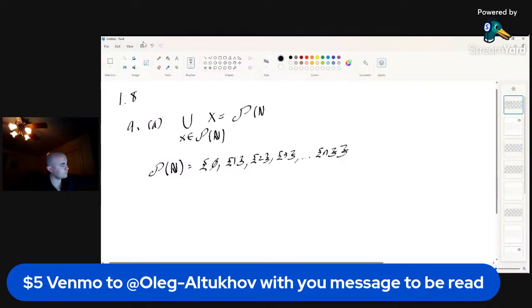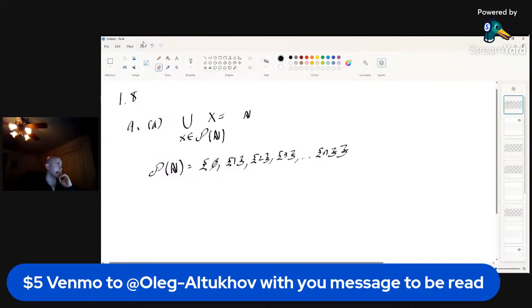Or N, set N. Oh, this would be the set of the set N. I think that's how we would do this. No, it was close. Don't need the set of the set N, just N. Okay, I wasn't that far off.